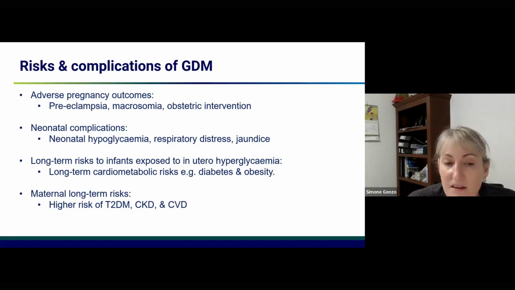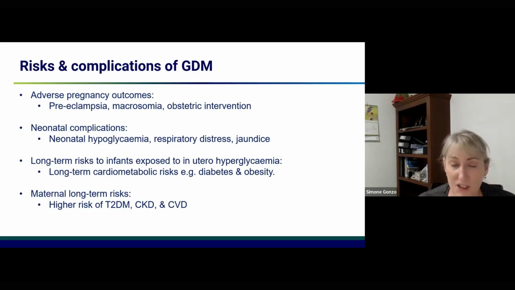I think this particular point may sometimes be underappreciated by our pregnant population: what the fetus is exposed to in utero can determine their metabolic future, if you like, or metabolic risks. It can predispose those infants in utero, who really have no control over their environment, to future diabetes and obesity, which then leads on to the cardiovascular risks and multiple other complications.